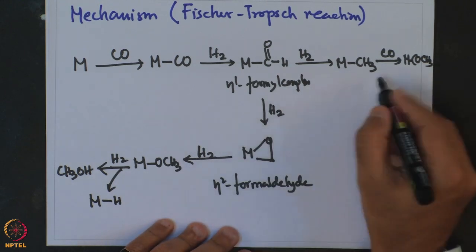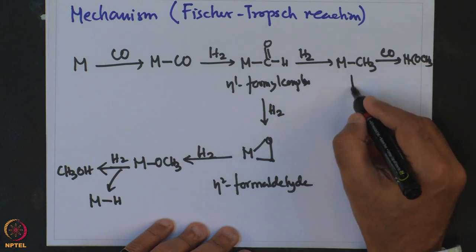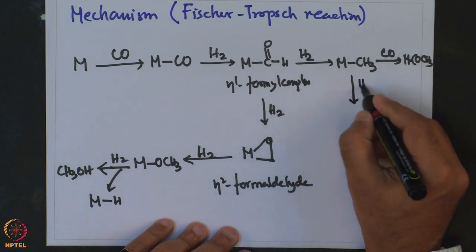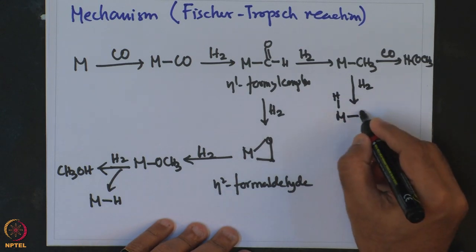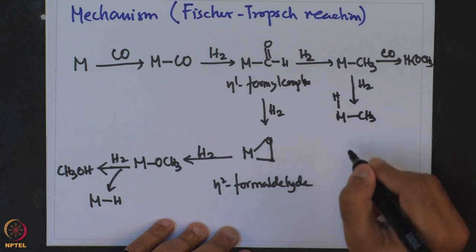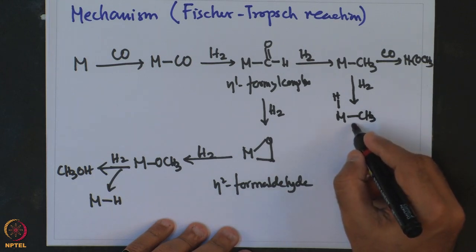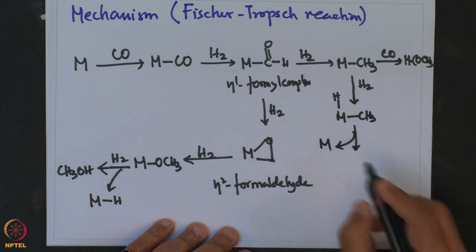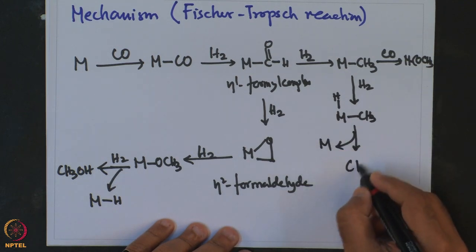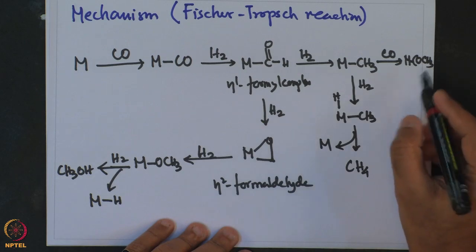Similarly, the reaction of MCH3 with hydrogen gives a metal hydride methyl, which eliminates the metal through reductive elimination to give methane.